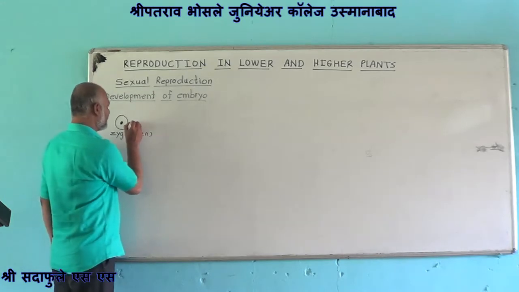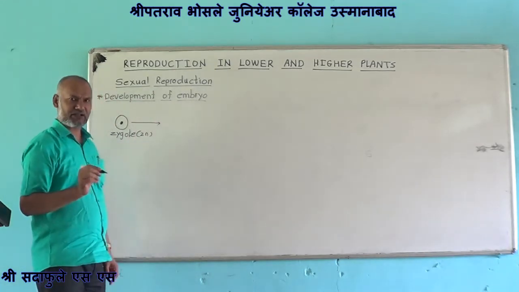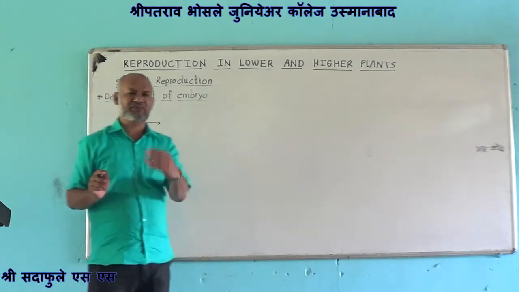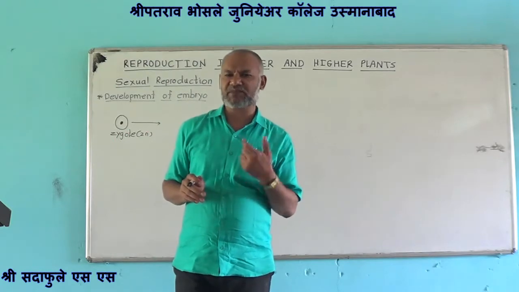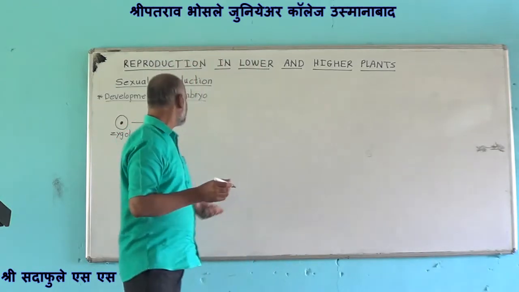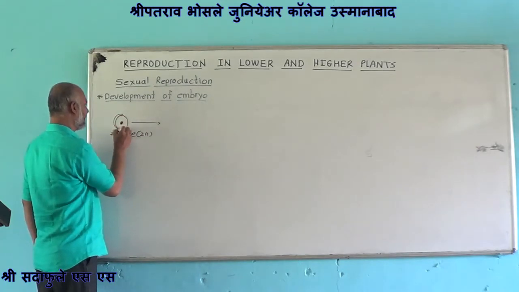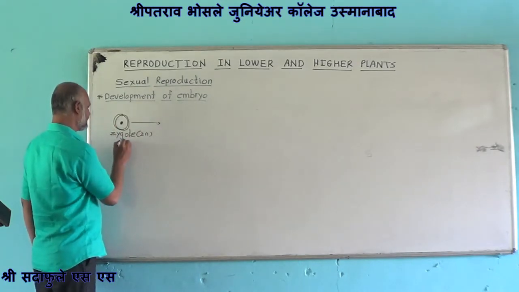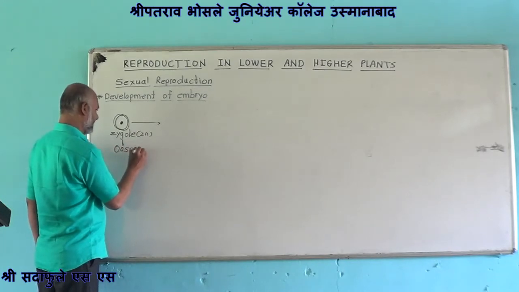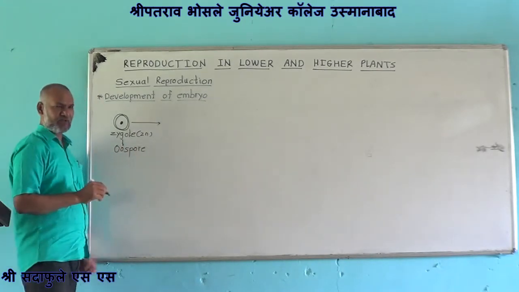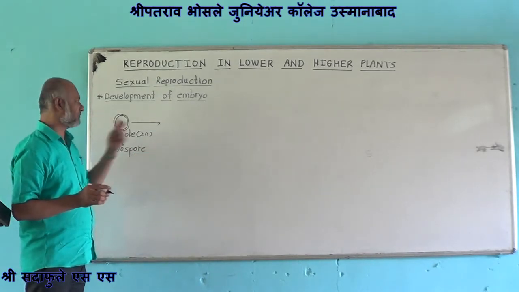Now this zygote undergoes some rest period, and later on it develops a wall around it, and then it is termed an oospore. Now this oospore undergoes development and forms the embryo.